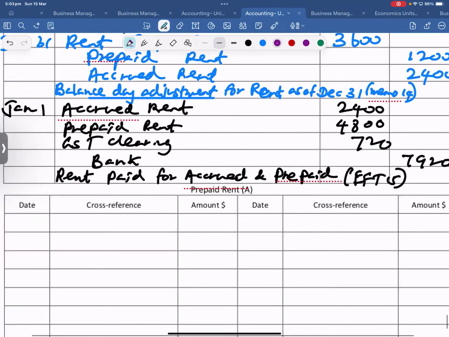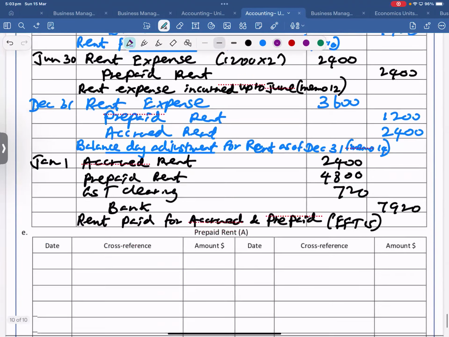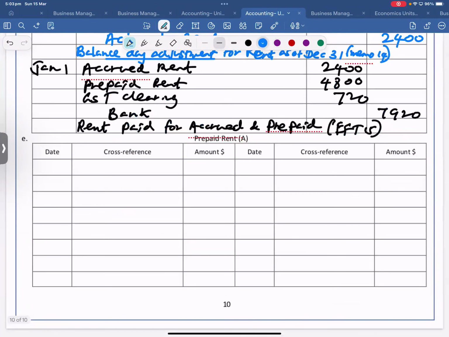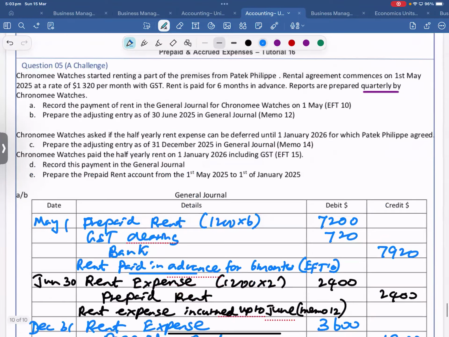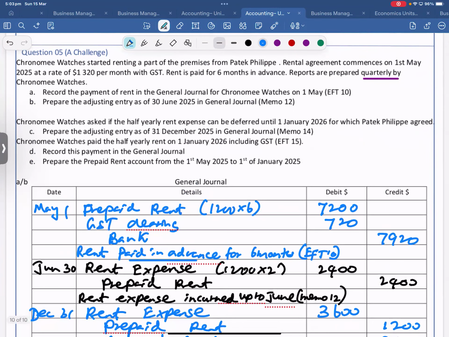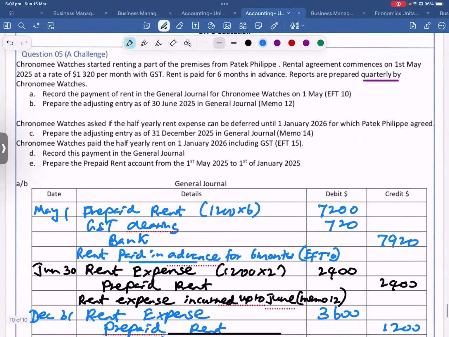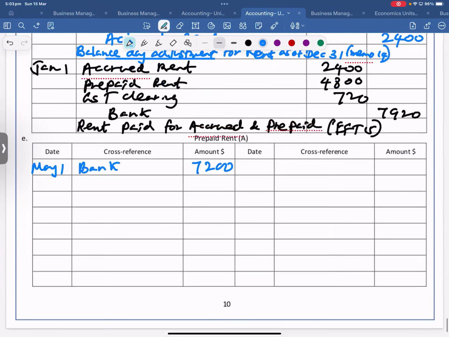Right. Now, 1st of May. What happens? Bank 7,200, and then they are preparing the reports at the end of June.